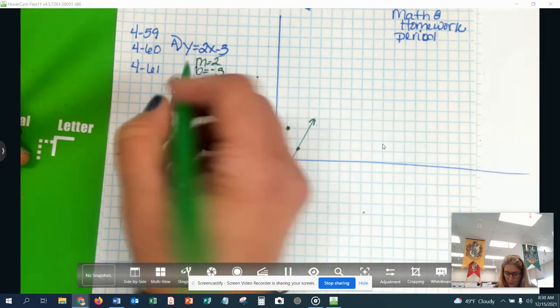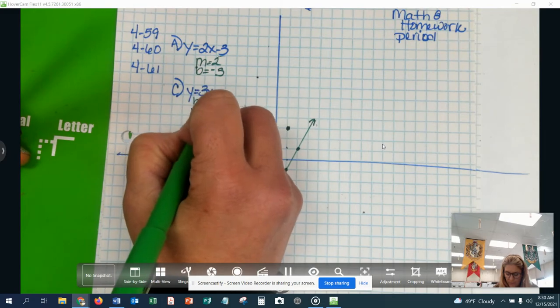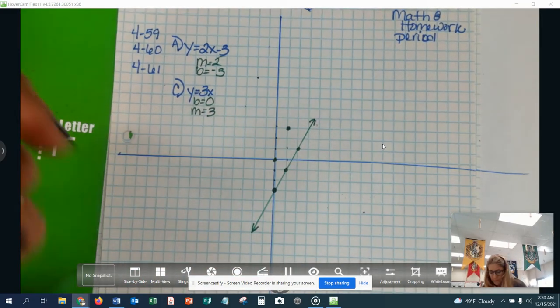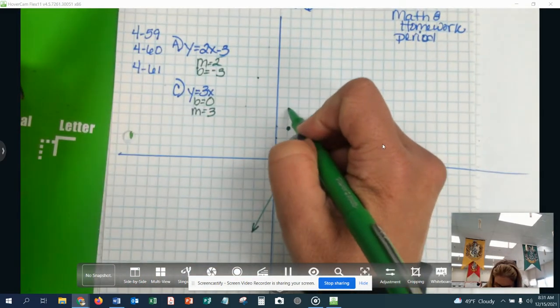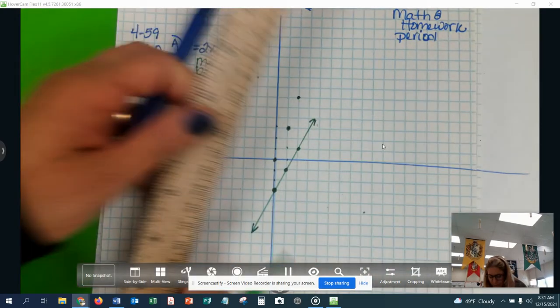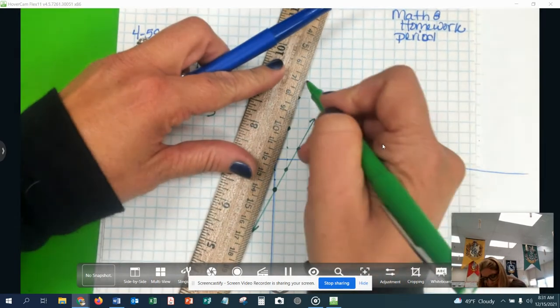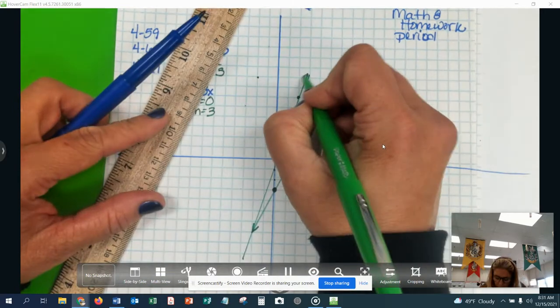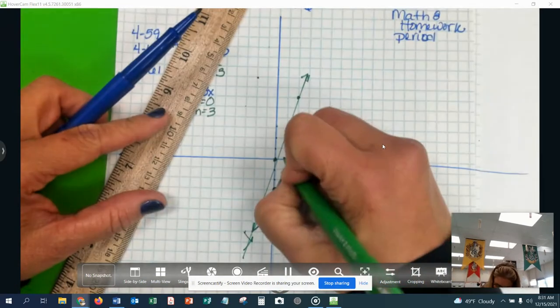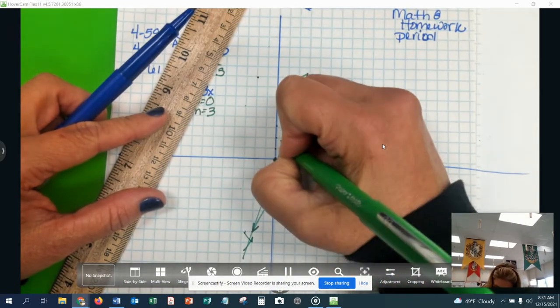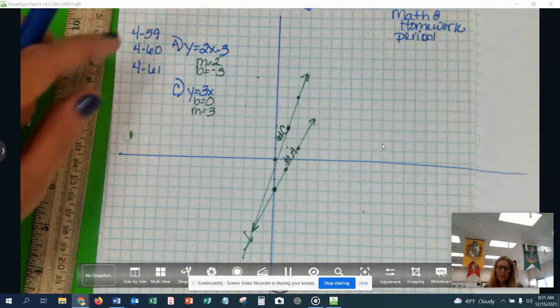So you start through the origin, and our slope is 3. And then I'm going to do it one more time. 1, 2, 3, and over 1, dot. And I'm going to label, this is A, and this is C. So that's 4-59.